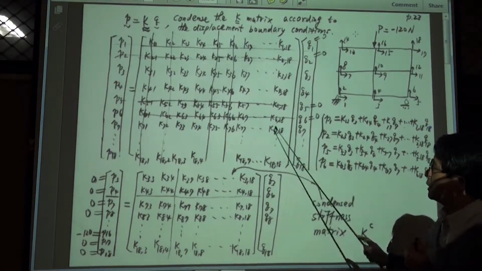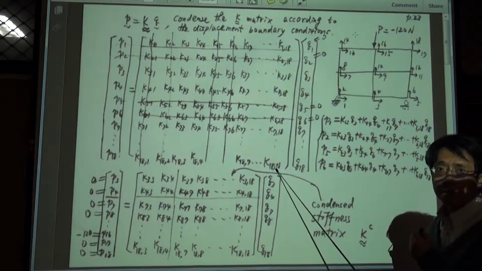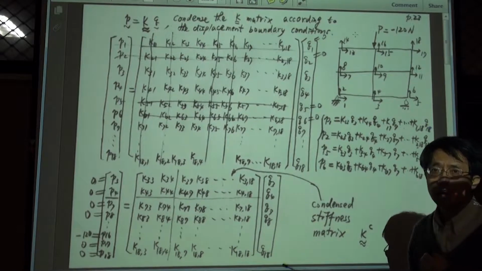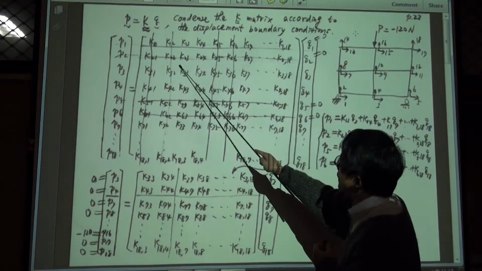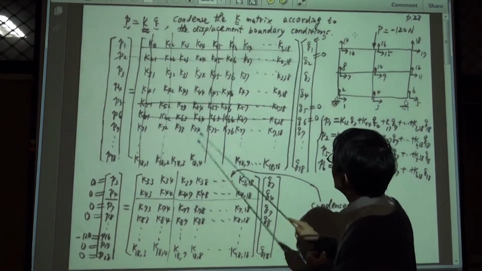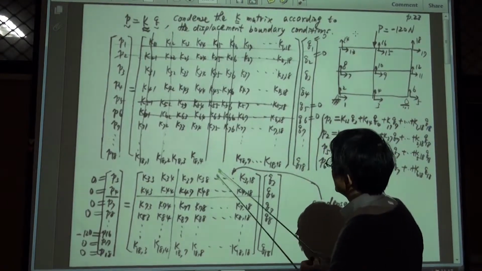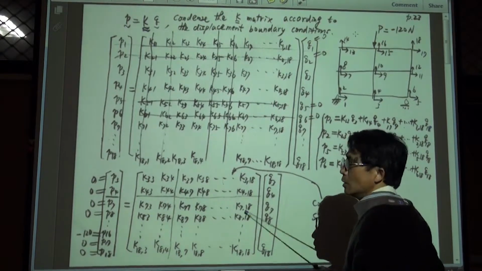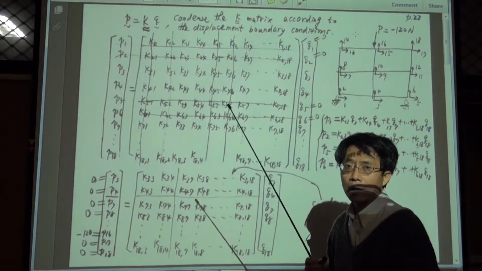Okay, originally it is 18 by 18, right? But now it becomes smaller, a 14 by 14 matrix. Okay, we put this part to here, and this part to here, and this part to here, and this part to here, to form a smaller matrix.